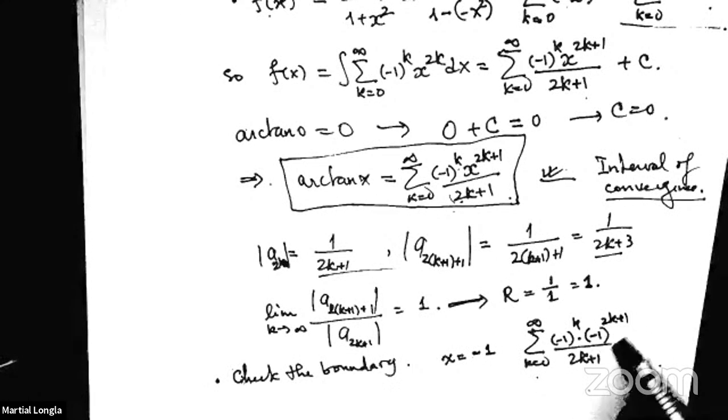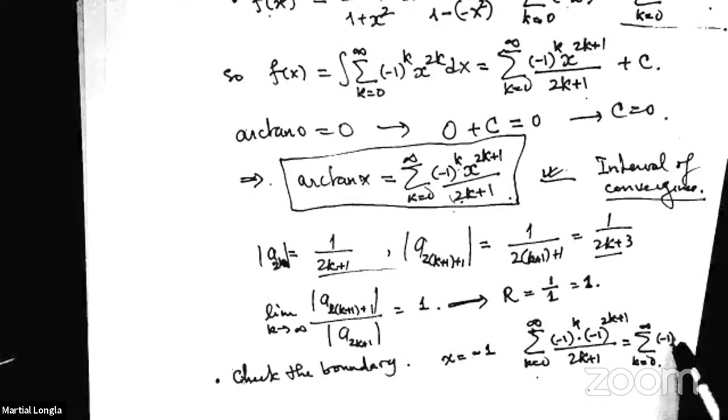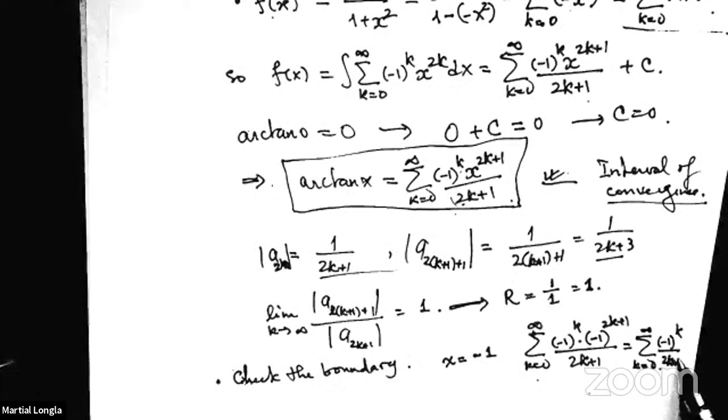And minus 1 to the 2k plus 1 is always minus 1, right? So this is the sum k from 0 to infinity, minus 1 to the k over 2k plus 1.